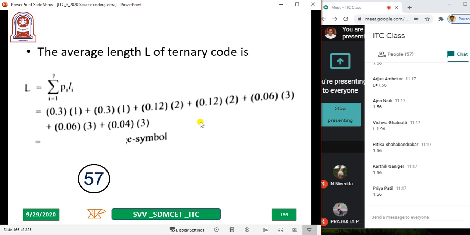Answer is correct. Majority are typing answers, but some students are not typing answers.